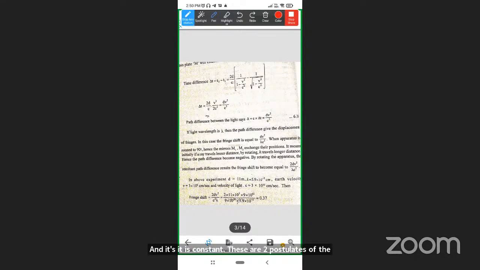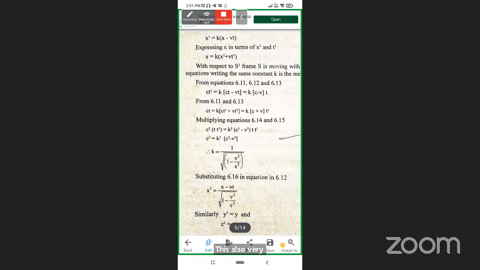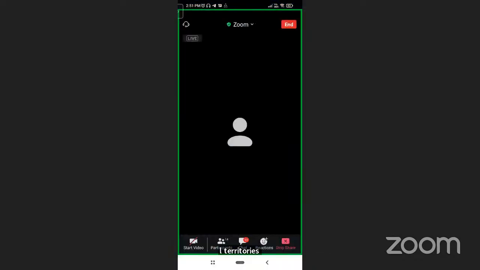And another one is the Lorentz transformation equations. This is also very important, along with the Michelson-Morley experiment, Galileo transformation and the postulates of special theory of relativity.